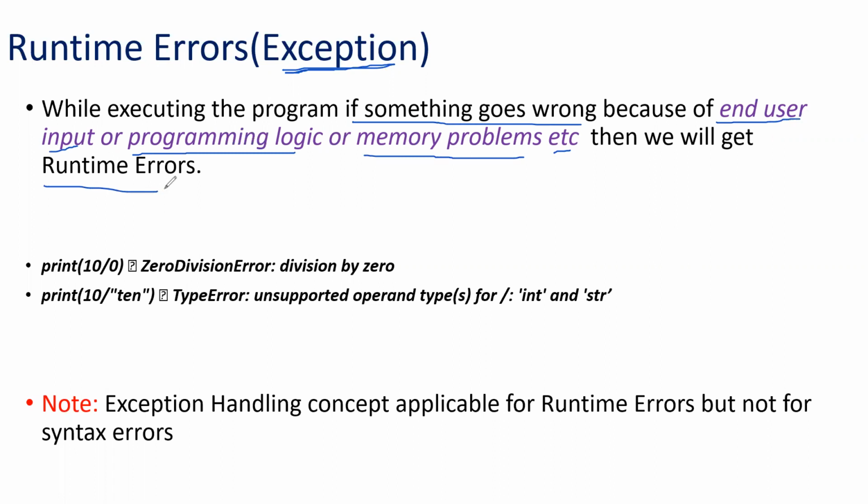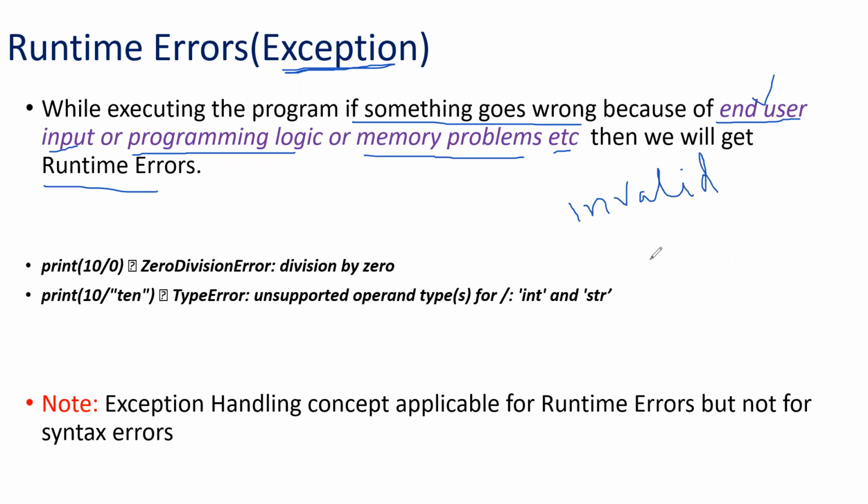Even though syntax is correct and you're obeying identifier rules, indentation rules and syntax rules, if you still get an error, then that error is called a runtime error, because while running the program you are getting the error, not because of syntax, indentation or identifier rules, but because of the end user input. Sometimes the end user will give invalid inputs.